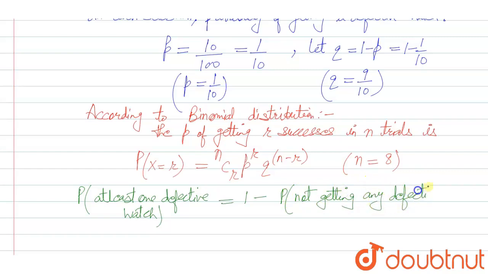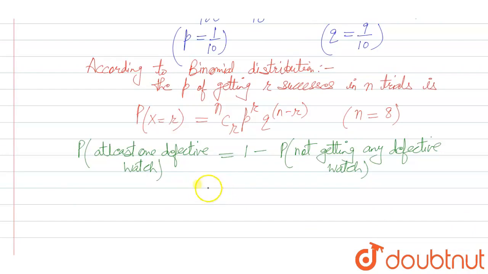So this becomes equal to 1 minus the probability of not getting any defective watch, that is, out of 8 trials, 0 successes: 8C0. The probability of a defective watch is 1 by 10.